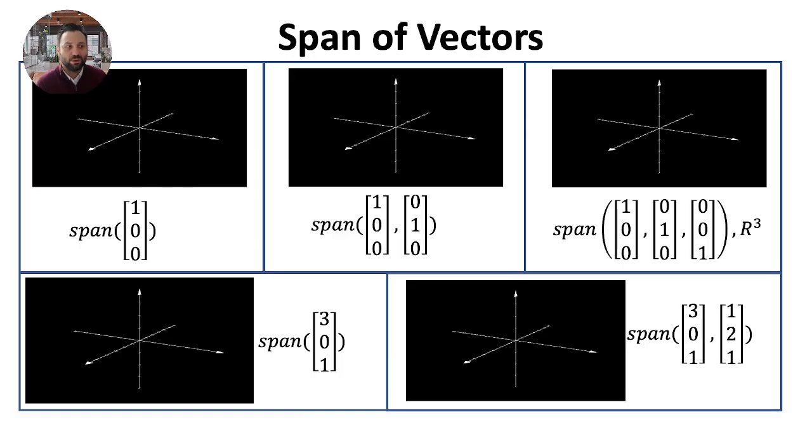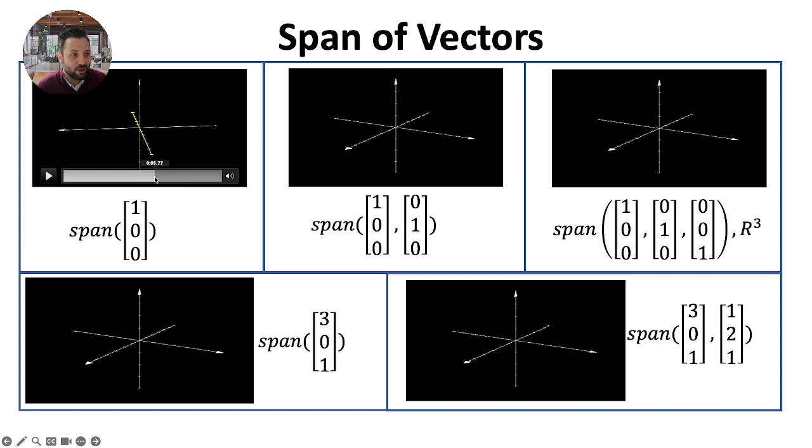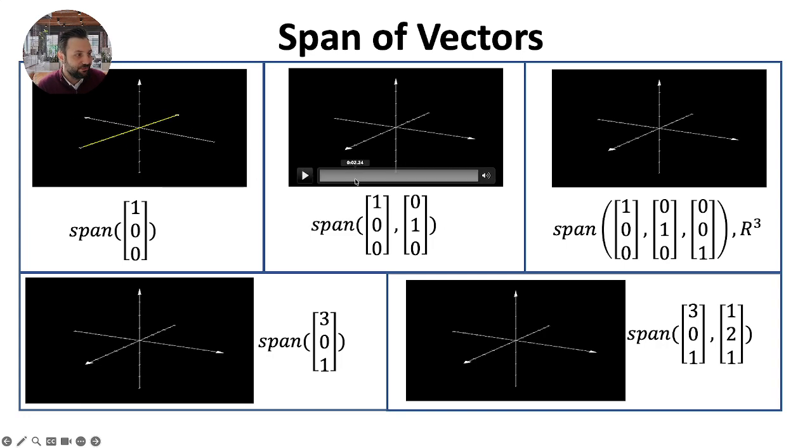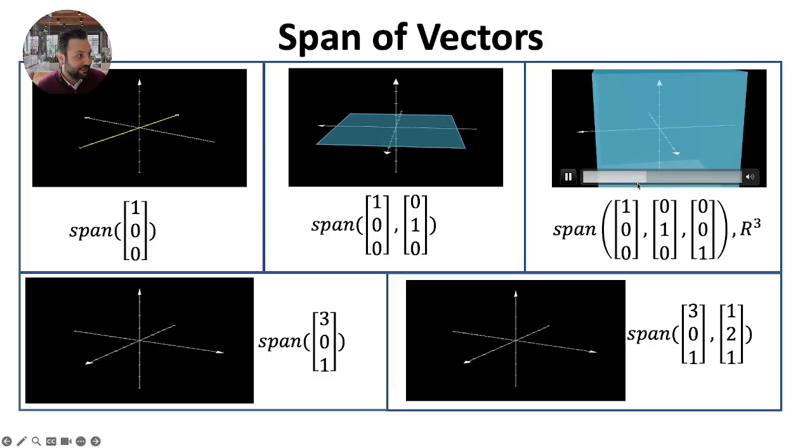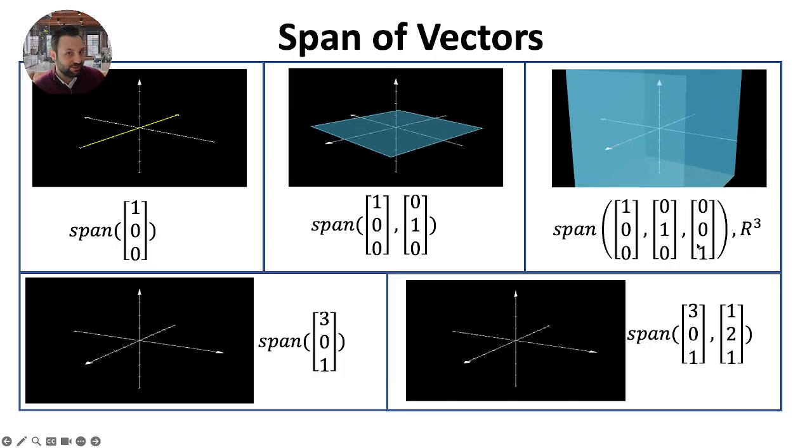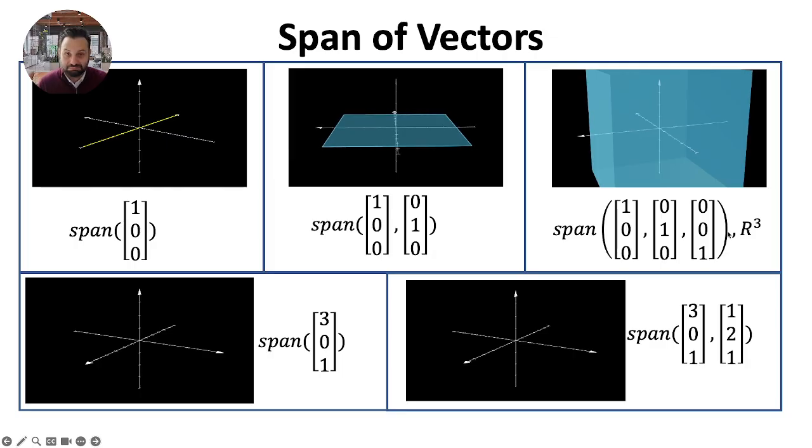The span of 1, 1, 1, which is the vector space on the leftmost, is going to be only this yellow line in the three-dimensional space. Similarly, if we had two of them, the span of 1, 1, 0 and 0, 1, 1 is going to be that plane. And similarly 1, 0, 0, 0, 1, 0, 0, 0, 1. I'm no longer saying all linear combinations of these points, I'm just saying span of these vectors.